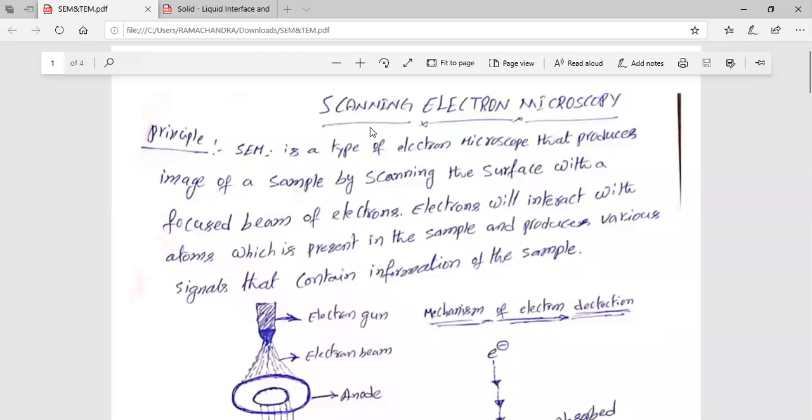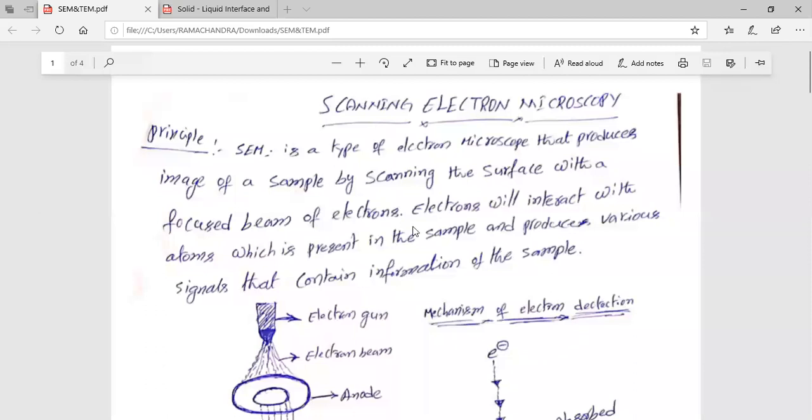So what is the principle for the working of scanning electron microscopy? Scanning electron microscopy is generally called SEM. It is a type of electron microscopy that produces an image of a sample by scanning the surface with a focused beam of electrons.